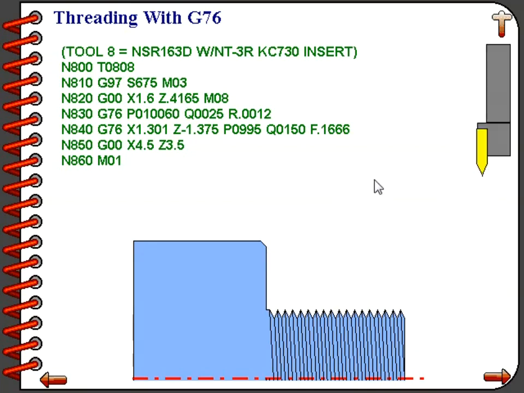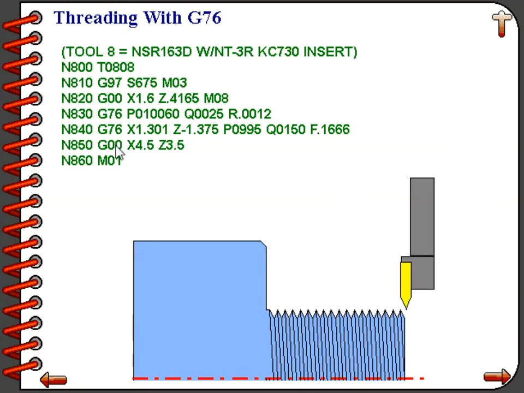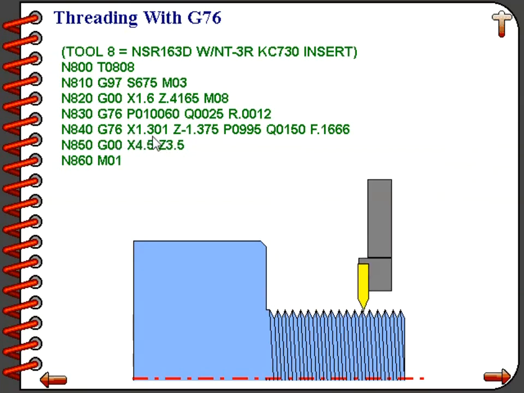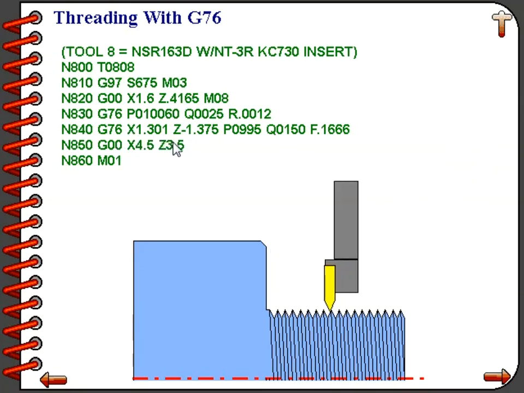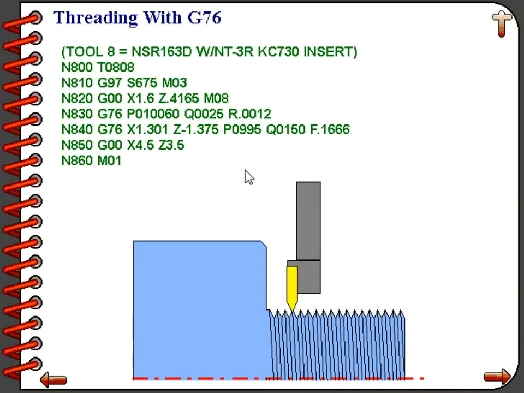Line number 840 is our second line of G76. The X word is specifying the minor diameter, as this is a male thread. If it were a female thread, that X value would be the major diameter.